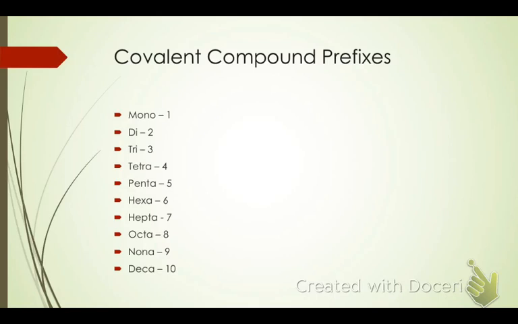When you are naming covalent compounds, for the first element, if there's only one of them, you don't have to include mono. So for example, carbon dioxide is just CO2. Carbon monoxide, though, indicates that there's only 1 oxygen.